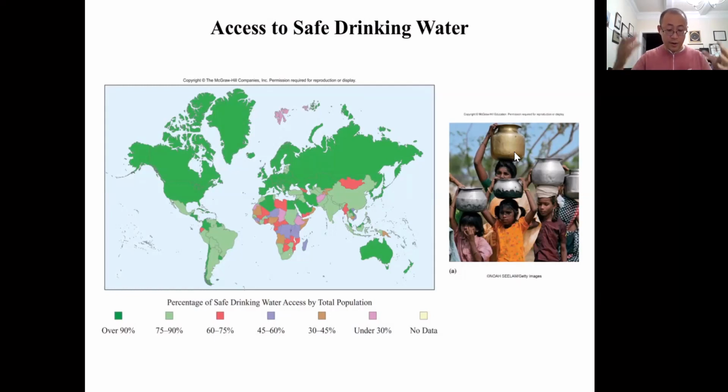You can see the greener color in North America and in East Asia, those countries have generally larger percentages of access to safe drinking water. But in African countries, a lot of countries are well below 60% or even below 50% access to safe drinking water.